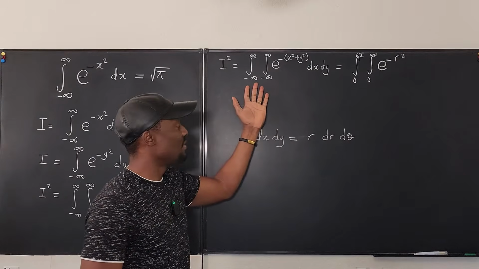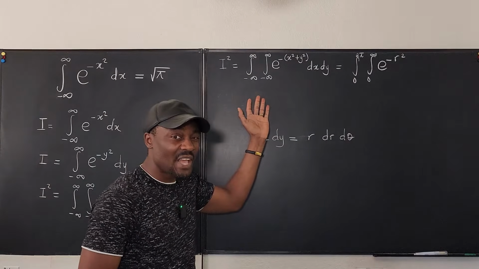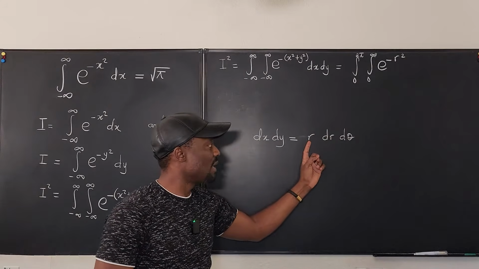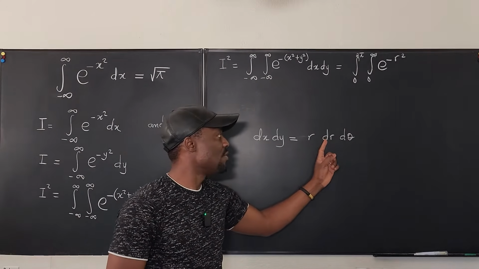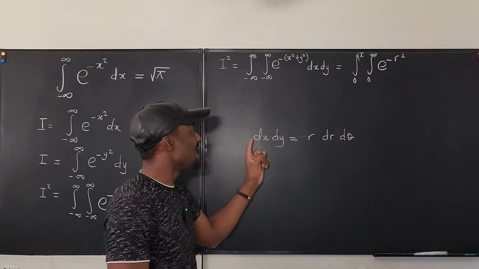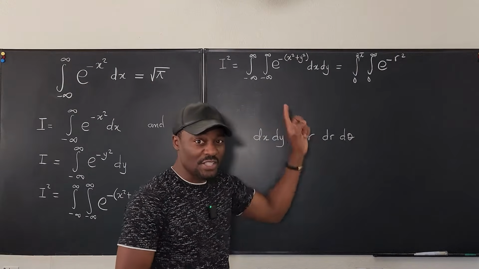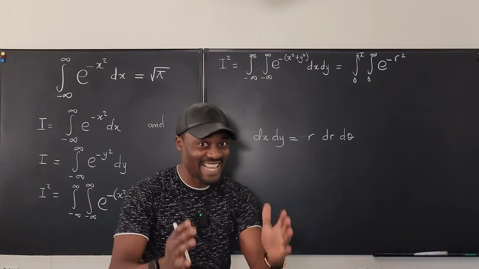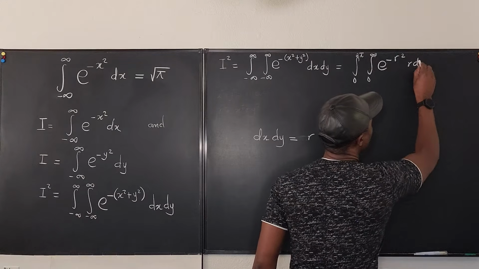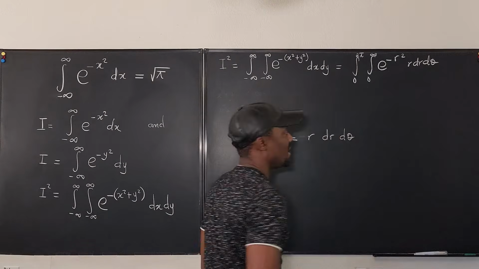So every time you convert from rectangular to polar, you have to multiply by r when you replace dx dy by dr d theta. So dx dy is replaced by r dr d theta. That is what you must remember. Okay, let's move on. So this is going to be r dr d theta.